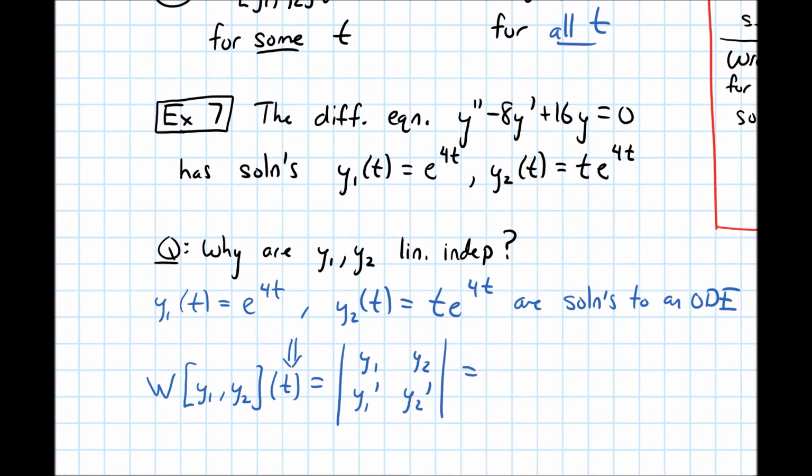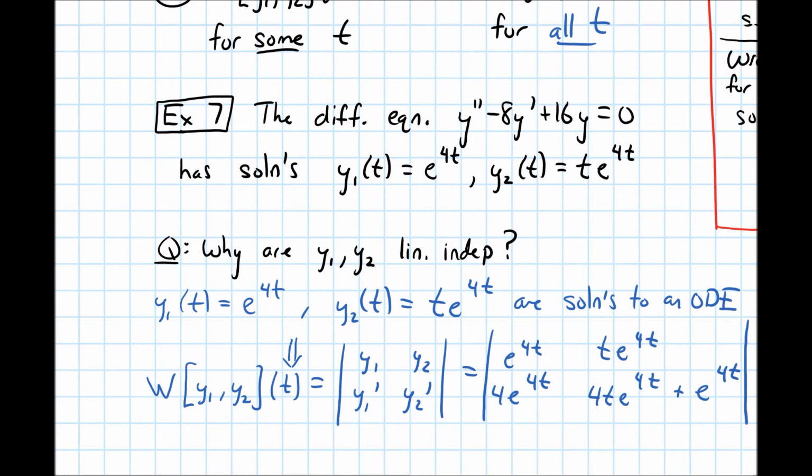Now let's plug in what these are. y1 is e to the 4t, its derivative is 4e to the 4t. y2, the second function, is te to the 4t. And the derivative of that involves the product rule. So we get first times the derivative of the second, that'll give us 4te to the 4t, and then plus the second times the derivative of the first, derivative of t, so that'll just give us plus e to the 4t. That's what we get from doing the product rule.